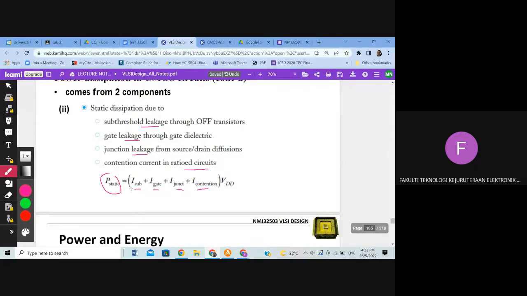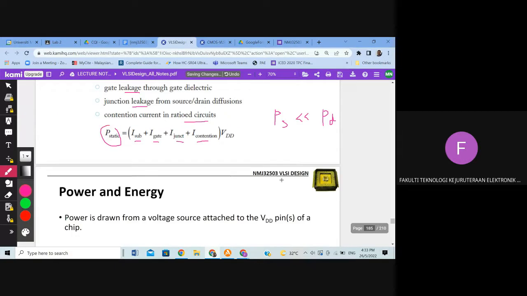However, the I here is not as much as the switching power. That's why the static power, P static, is normally less than the P dynamic.